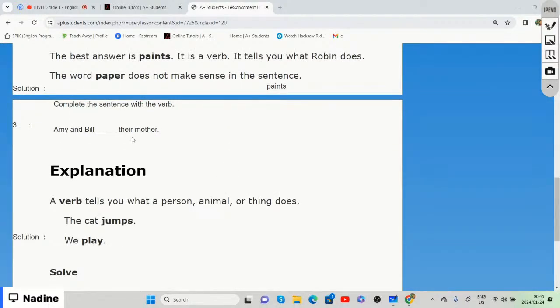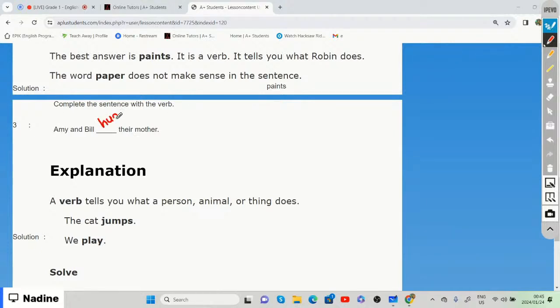Amy and Bill, their mother. So Amy and Bill, we can then say that they hug their mother, right? Hug, wrapping the arms around their mother.